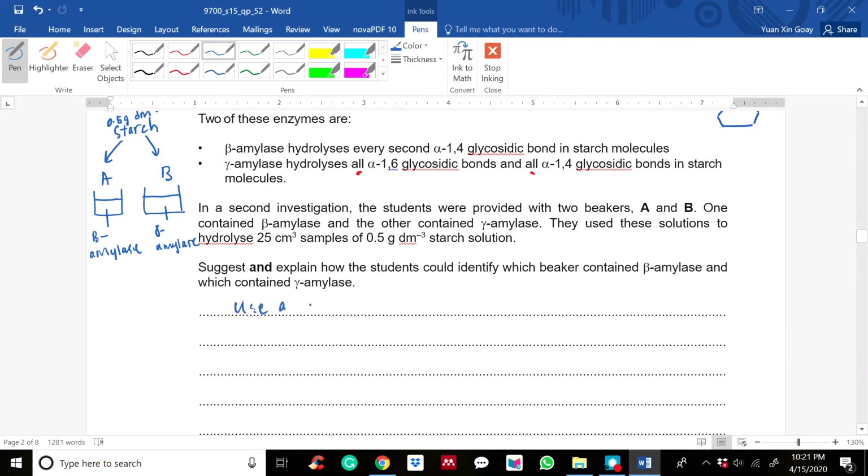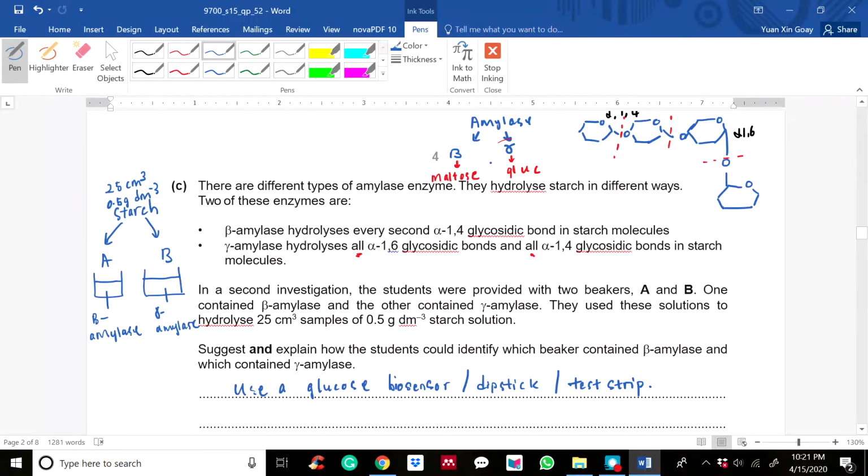Use a glucose biosensor or glucose dipstick or glucose test strip. The beaker that contains a high glucose level is containing gamma amylase.